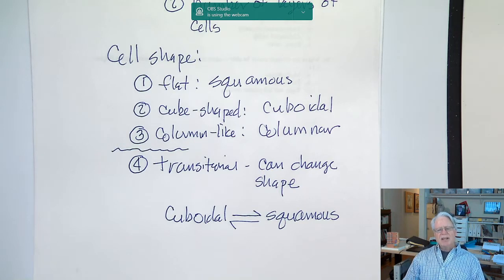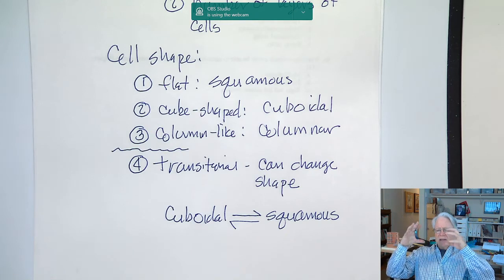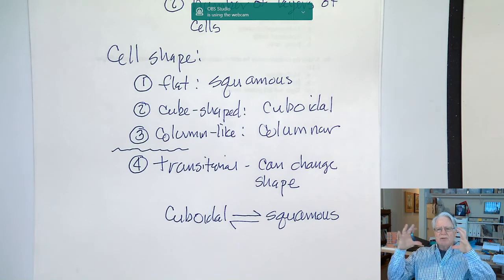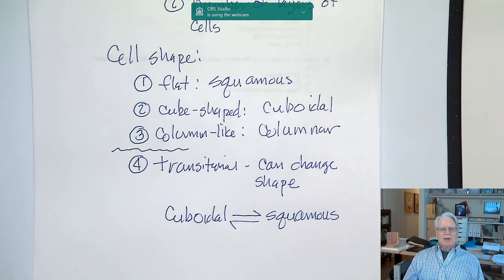So the urinary bladder is like a balloon that expands when it's filled with urine and then collapses when you void that urine. And so the walls are constantly being stretched, and we have to have some way to increase the surface area of the lining of this organ as it expands, and then it has to be able to squeeze back down into a smaller surface area, back and forth.